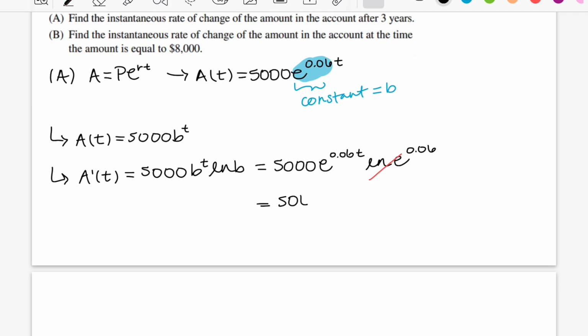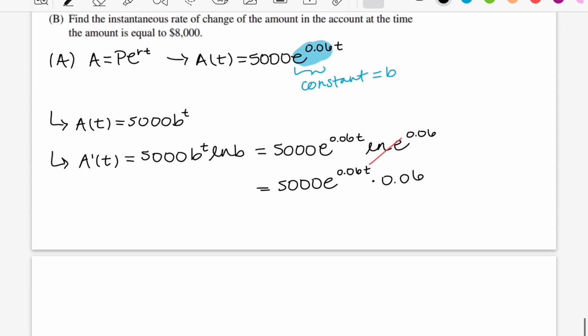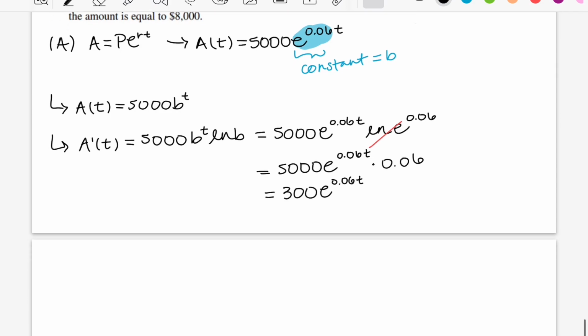So we get 5,000 times e to 0.06 times t times 0.06. Then 5,000 times 0.06 is equal to 300. So we're left with this. All right, so that would be the instantaneous rate of change of the amount. But we were asked what this change would be after 3 years.